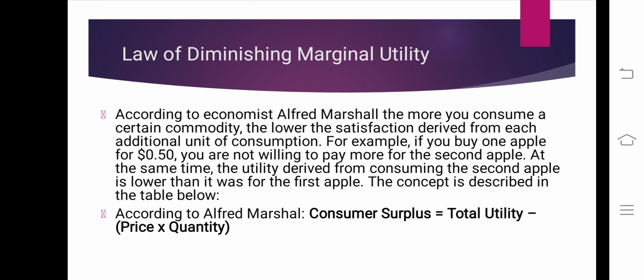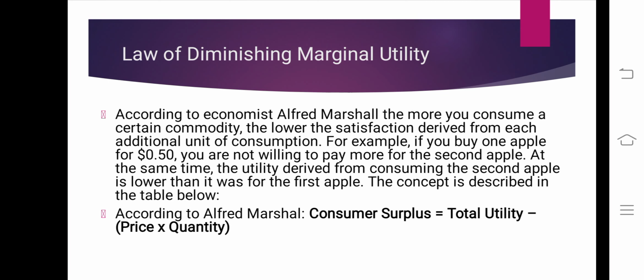For example, if you buy one apple for 50 cents, you're not willing to pay more for the second apple. At the same time, the utility derived from consuming the second apple is lower than it was for the first apple. This concept is described in the table given below.